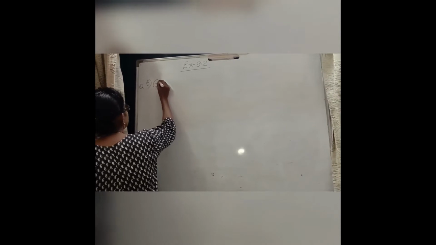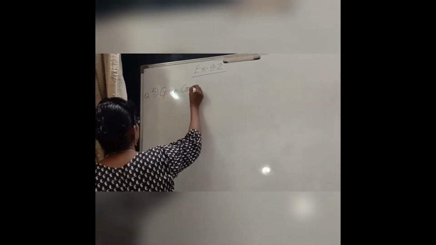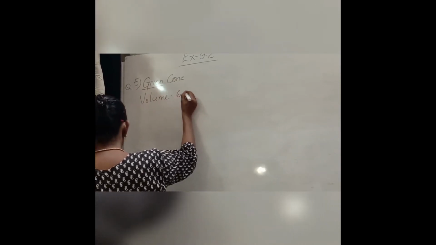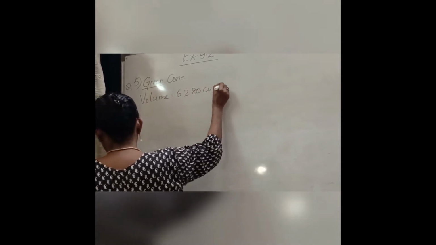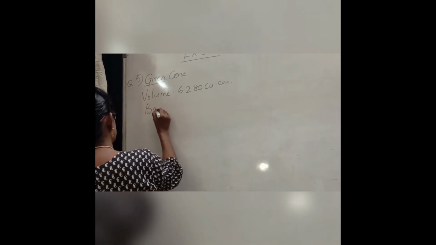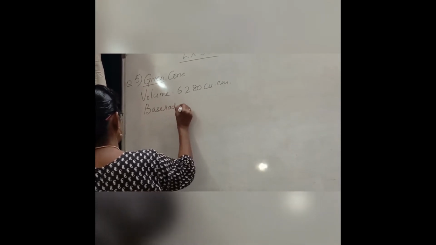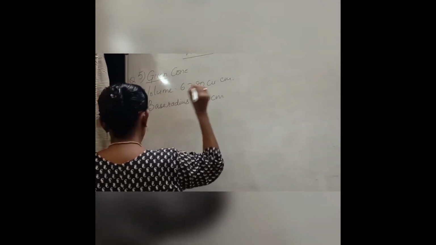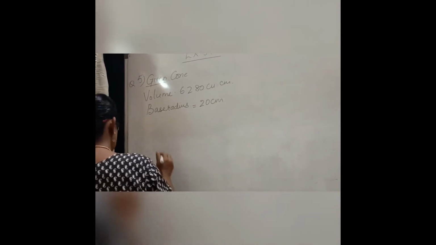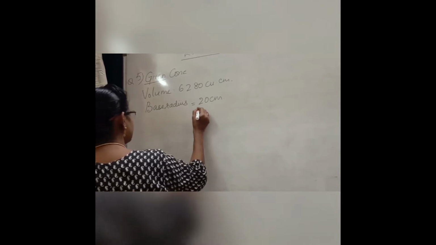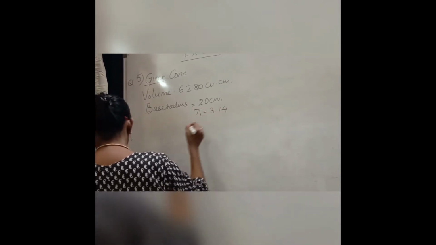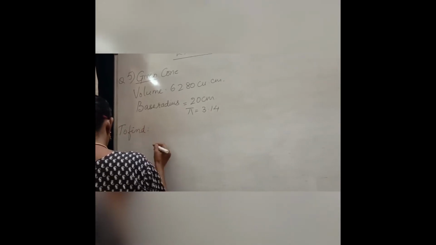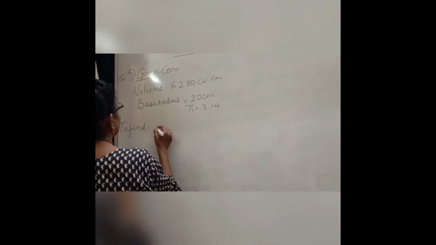So given is cone, volume is 6280 cubic centimeter, base radius is 20 centimeter, pi is equal to 3.14. To find its perpendicular height.